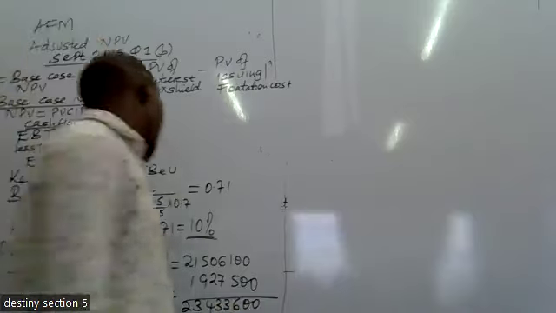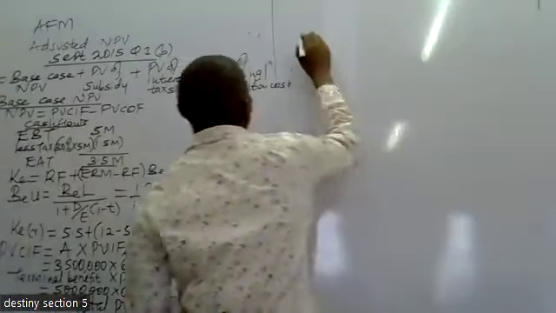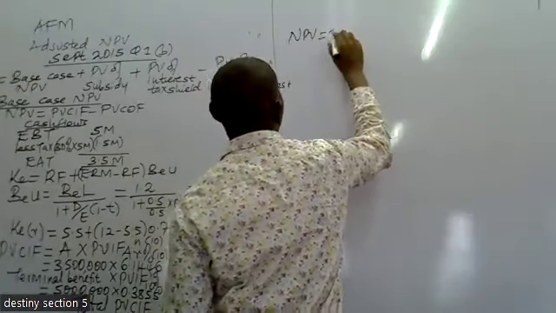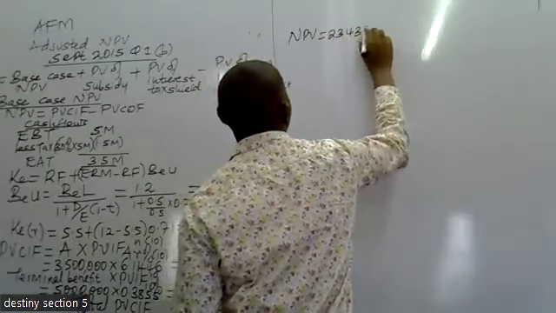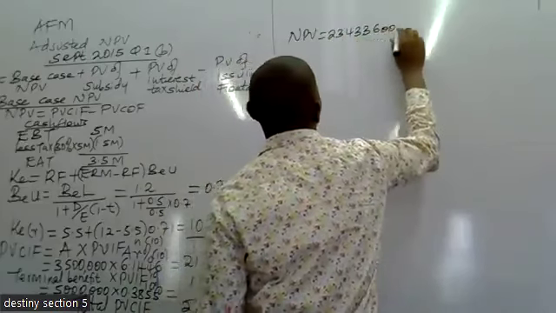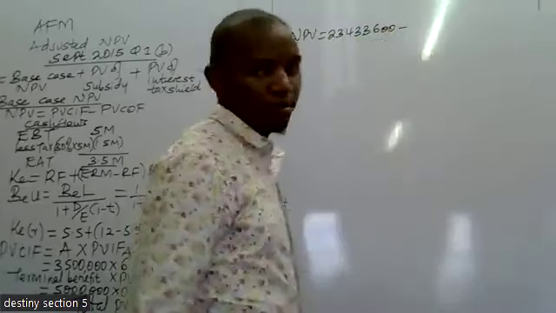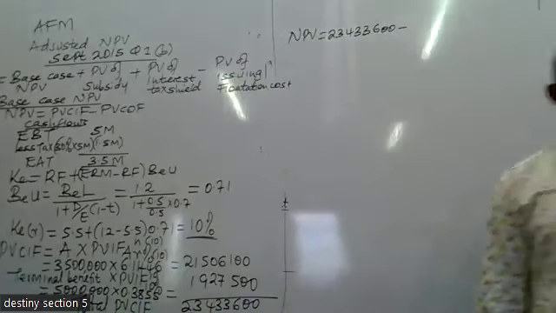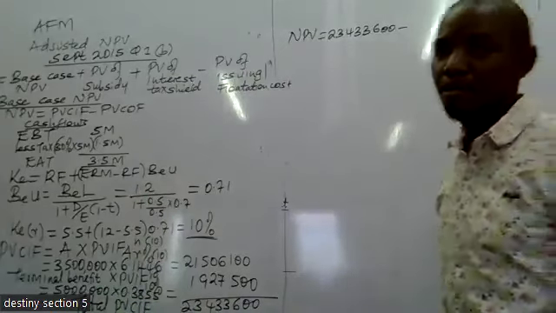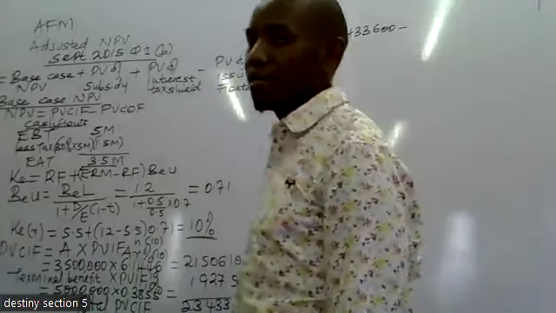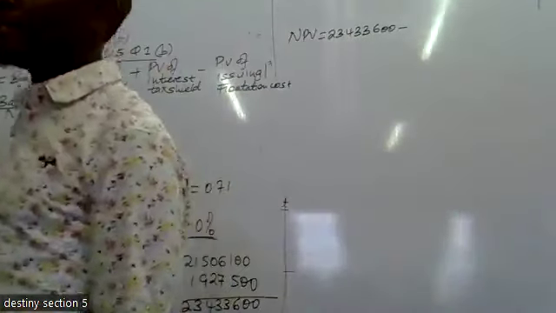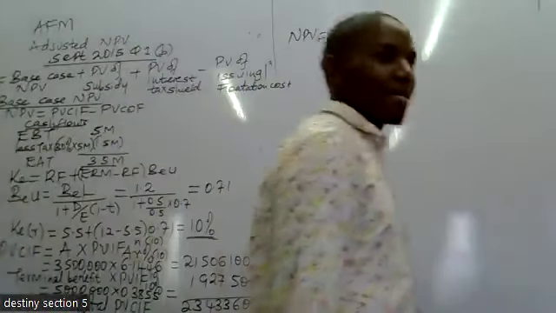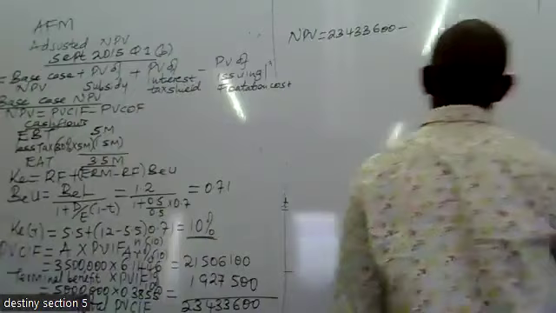You less our initial investment now. So our NPV will be 23,433,600 less what is our initial investment? For that project, he has to finance it with an amount of how much? The project needs how much? 20.